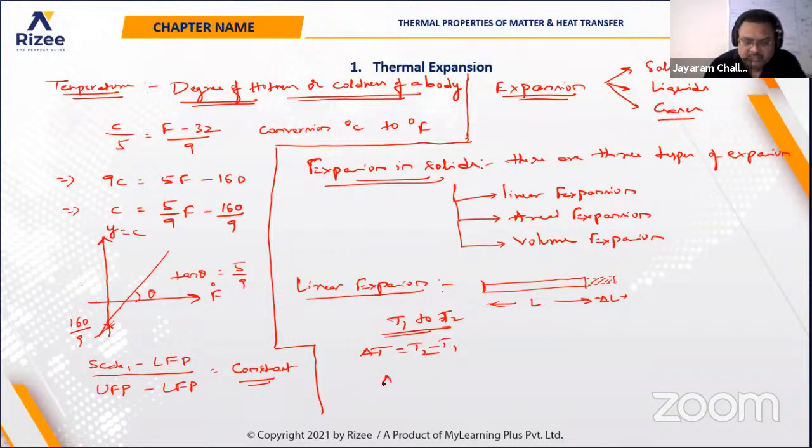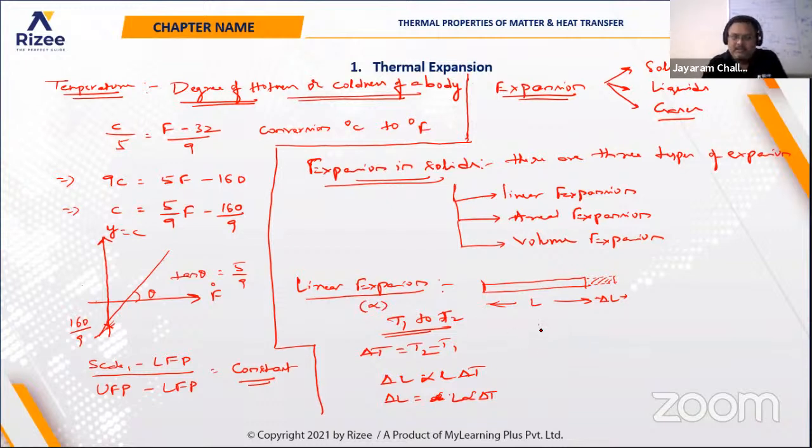The change in length delta L is proportional to the initial length into delta T, so delta L is equal to L into alpha into delta T, where alpha is called the coefficient of linear expansion.